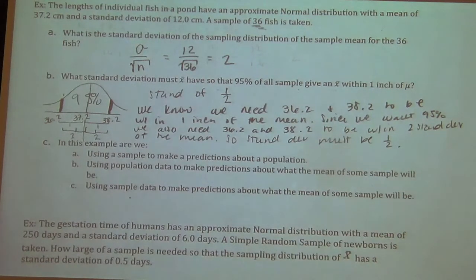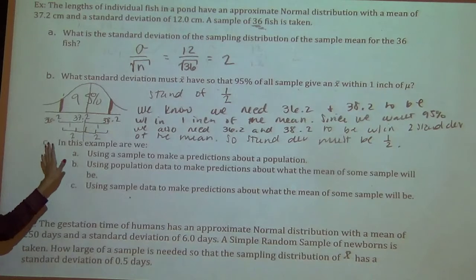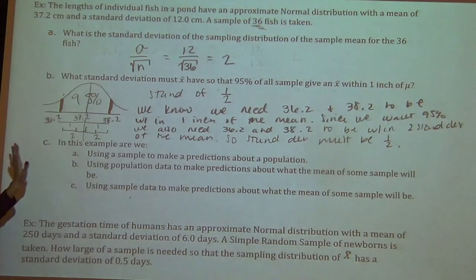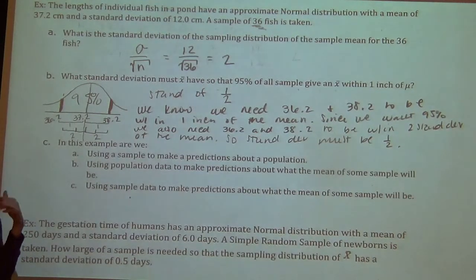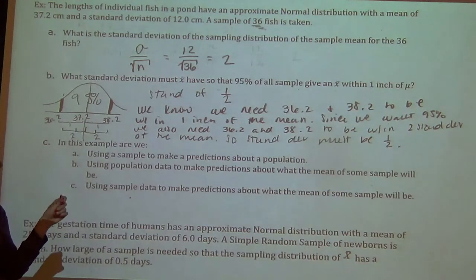Right, so a little funky because it's all reasoning. I'm not just going through the same process that I always use. We're just sort of thinking about what's going on with that. Right, so in part C, it says, in this example, we are using a sample to make predictions about a population. We're definitely not doing that because we're given absolutely no information about the sample to start with.